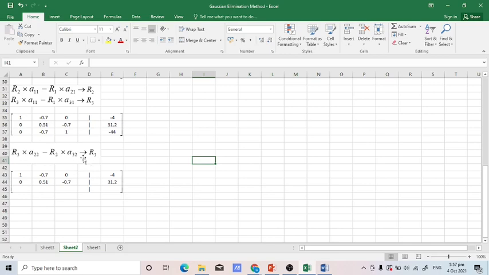So, mababago is row 3 elements. Okay? We start with the first element in row 3, which is 0.